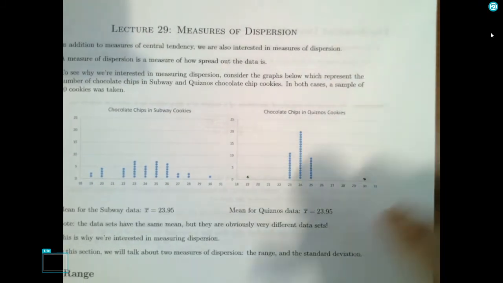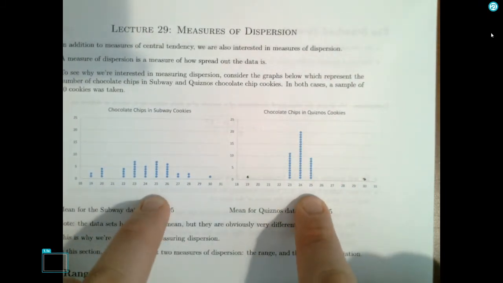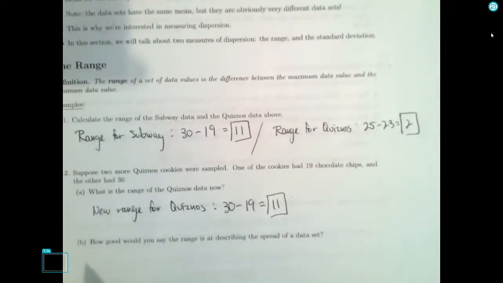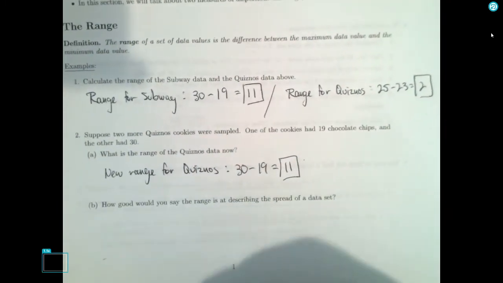But that doesn't seem quite right, because even with these two extra cookies, this still seems quite a bit more spread out than this, right? So that's not good. How good would you say the range is at describing the spread of a data set?